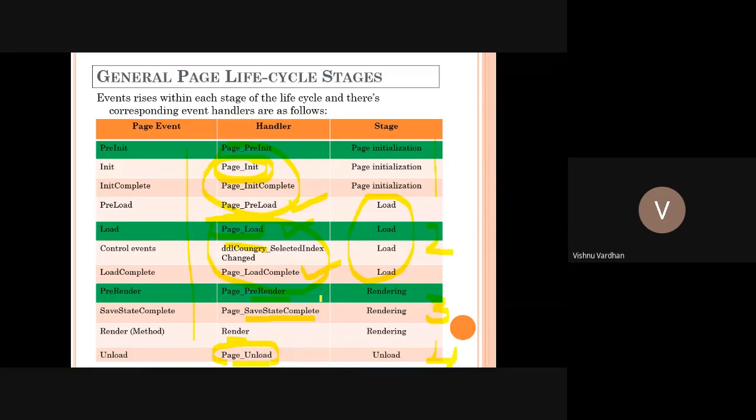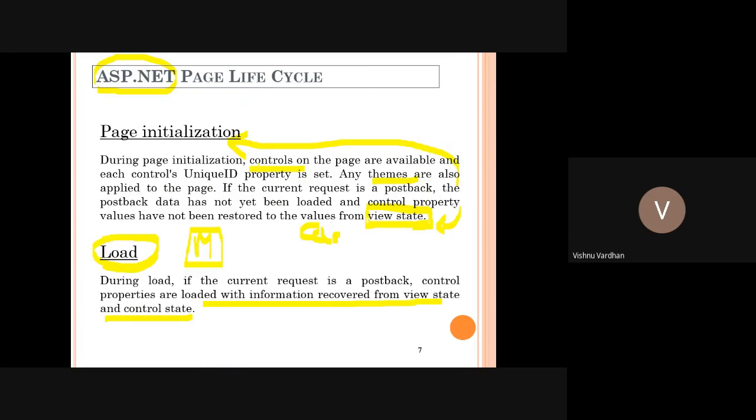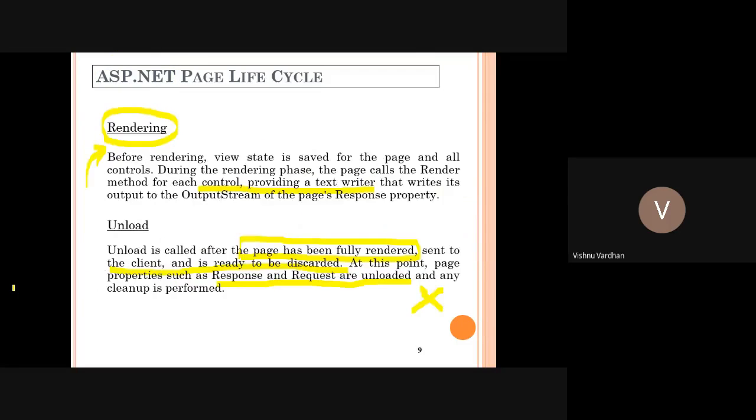Some of the popular methods are there, and what each event handler is targeting, that also we have discussed. The page request is there, where your response and request objects are created. Then the start method is there, then the page initialization event handler, then load, validation, postback event handling, rendering, and finally unloading.